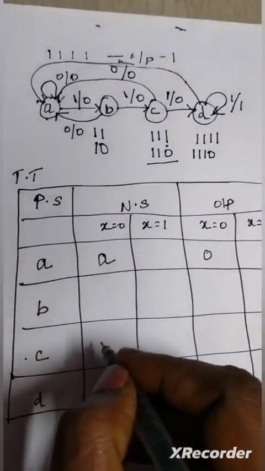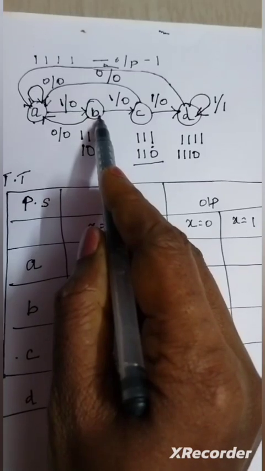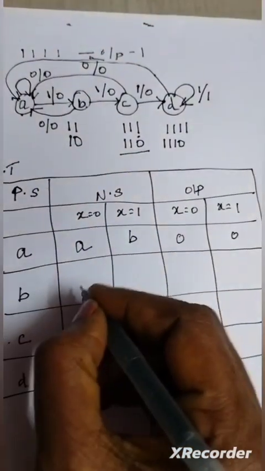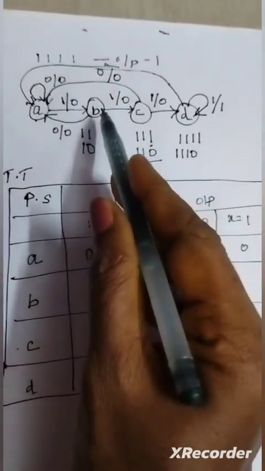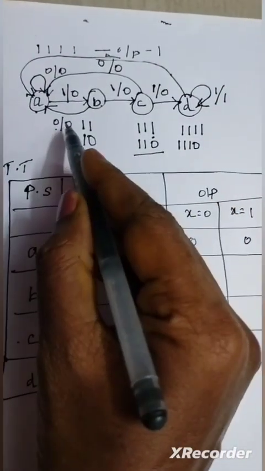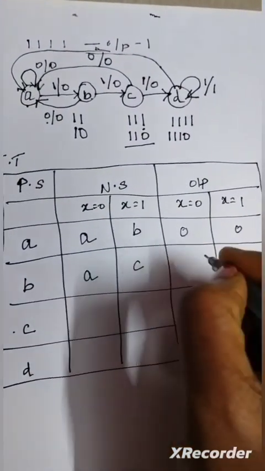Next, if your input is 1, it is moving to B state and your output is 0. Next, we are talking about the B state. When your input is 0, it is moving to A state. If it is 1, it is moving to C state.